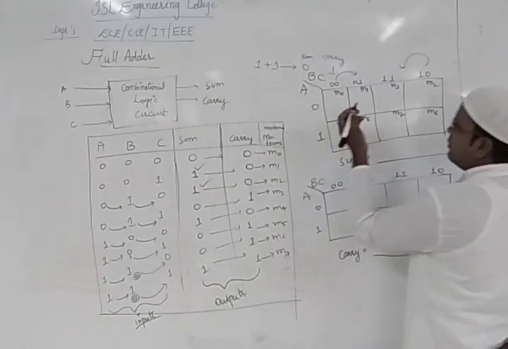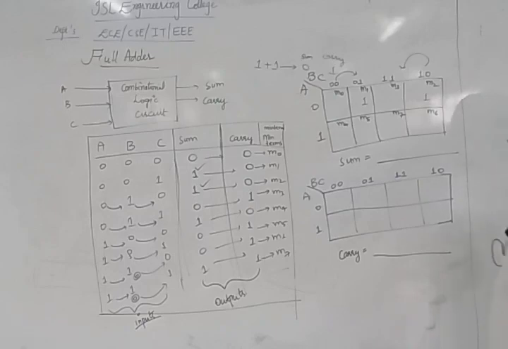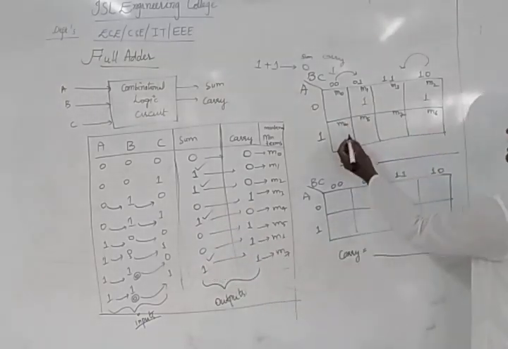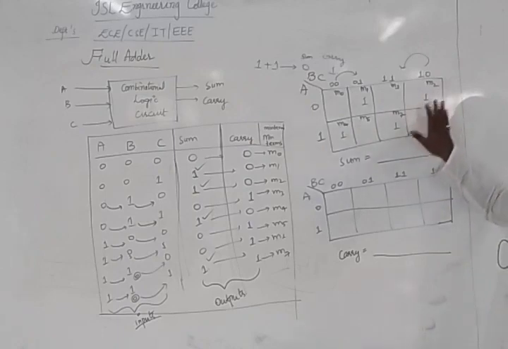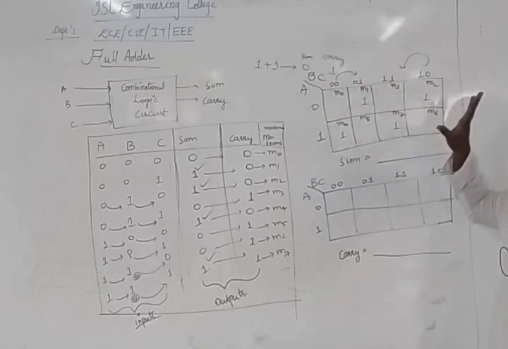So for M1 and M2, I'll make it as 1. Next I do have M4, then I do have M7. So where is M4? This is your M4, this is your M7. So all are different. So we do have M1, M2, M4 and M7. All the values need to be separated. So we deal with it that way and we mention the output.